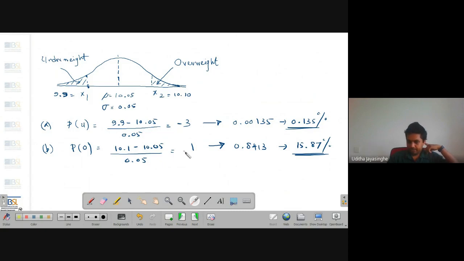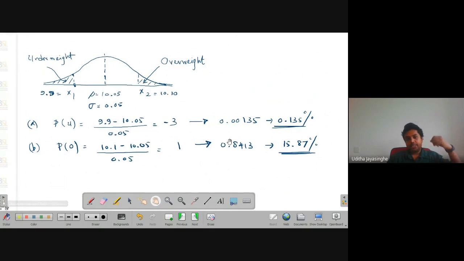And if I use my tables and apply for the individual elements, I'm going to get this negative range as 0.00135, for negative 3. Or the probability answer directly, I can get it as 0.135% of rice bags will not go to the market due to the underweightness.